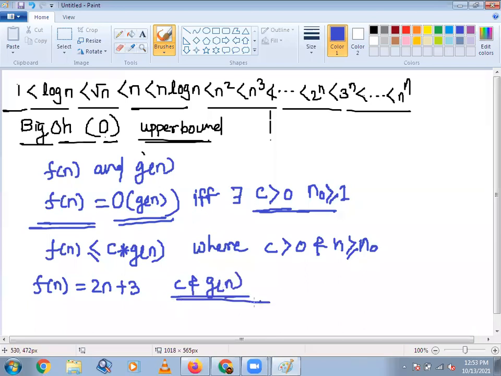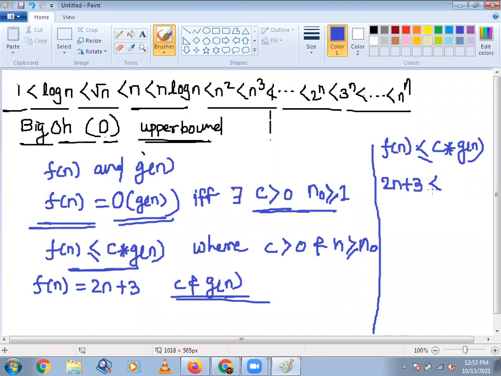That means I have to use this equation. Let us substitute values in that equation: f of n is less than equal to c into g of n. So f of n is 2n plus 3 is less than equal to. Now what is c? c is any positive constant. Okay, suppose in this case I have taken 10 into g of n, that is, suppose I have taken 10n.